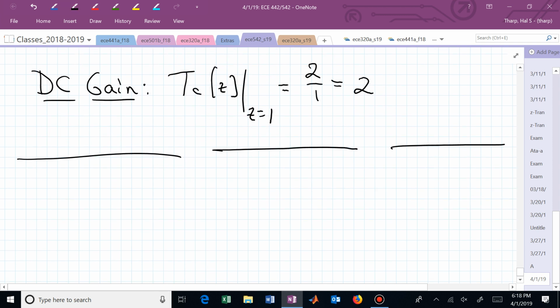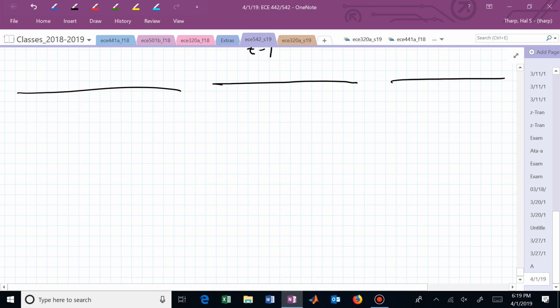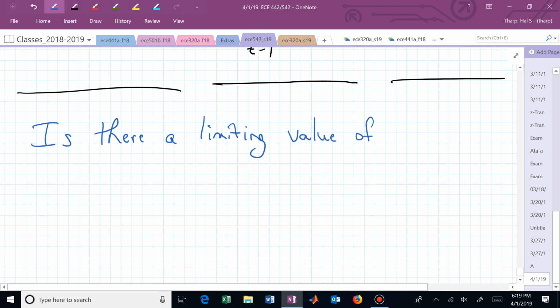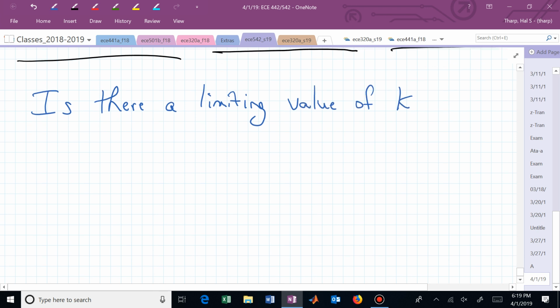Well, if that's the case, if a little gets us that much, can a lot get us even better? Maybe not so much, huh? So is there a limit, or a limiting value, of k for stability?